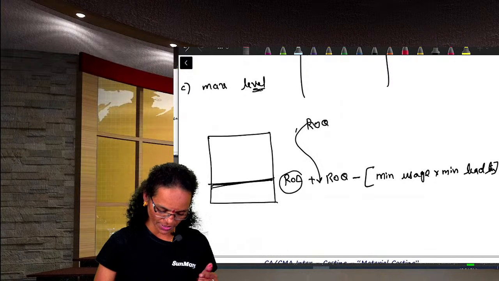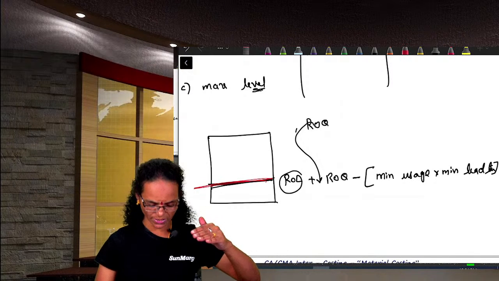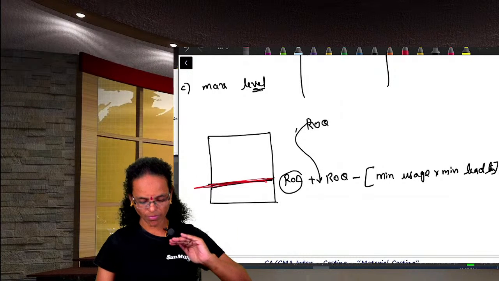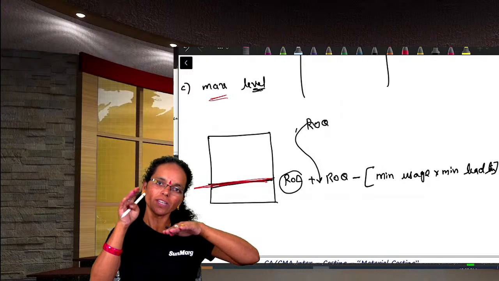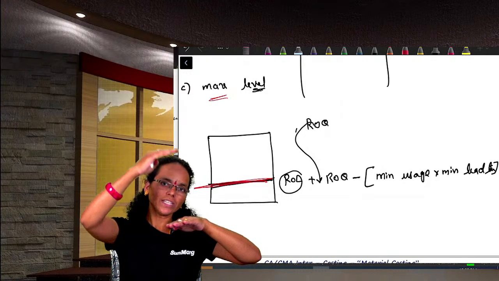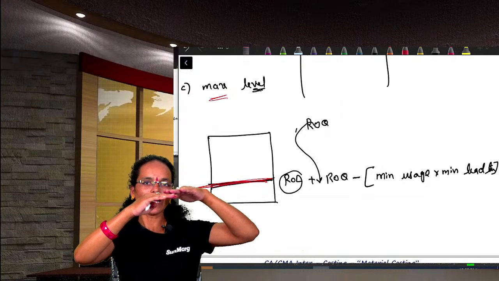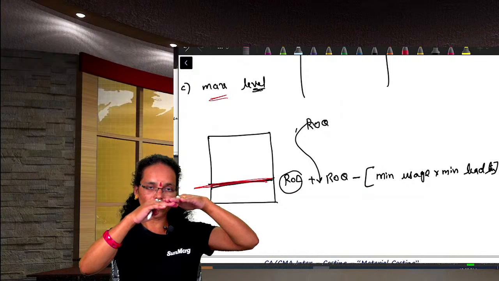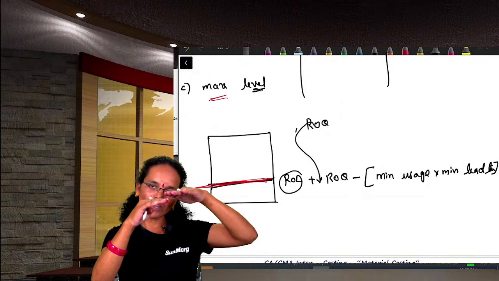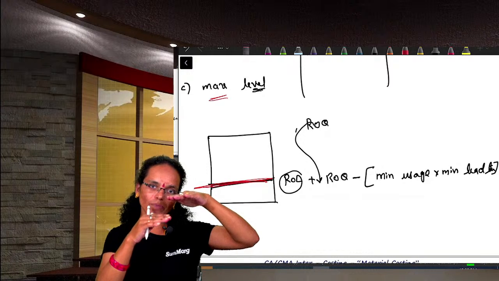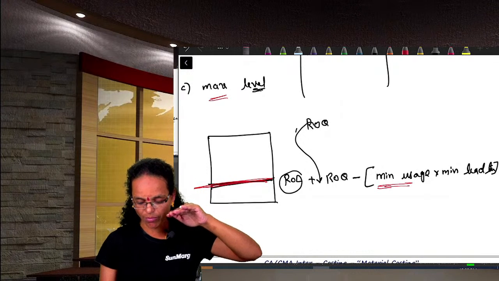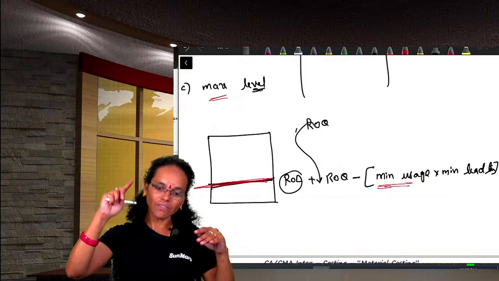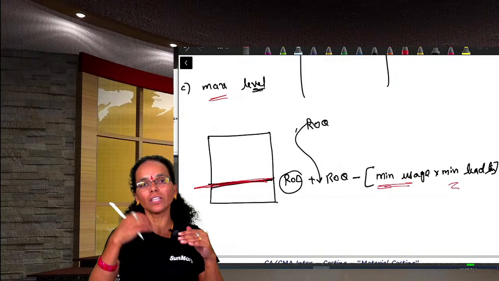Reorder level is already there at which we placed a request, and you have placed a request for reorder quantity, which means that is also coming. So your tank has gone to this level. From this you will be utilizing it, assuming that you will be utilizing the minimum usage, and the vendor will take minimum time to deliver the goods.